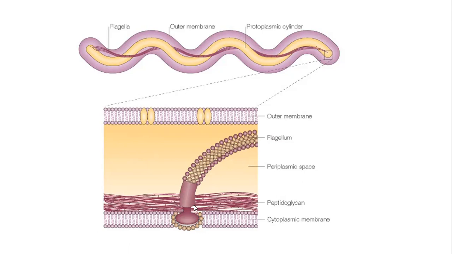So the place of connecting the filament is named blepharoplast. Filament is like flagella.